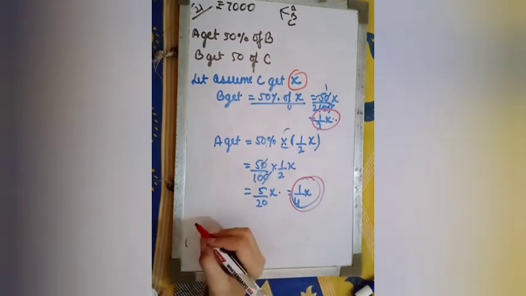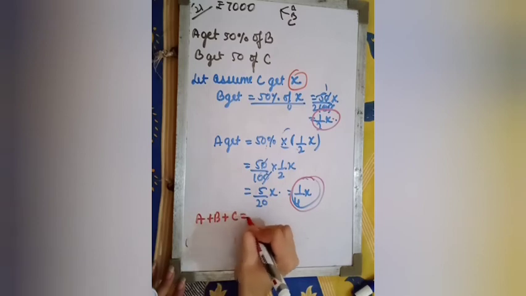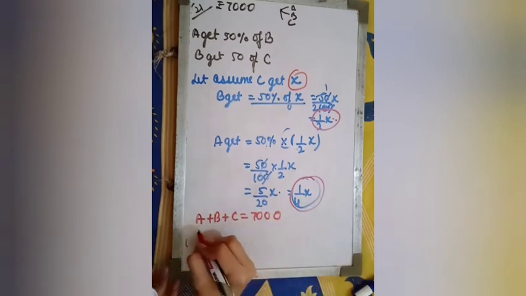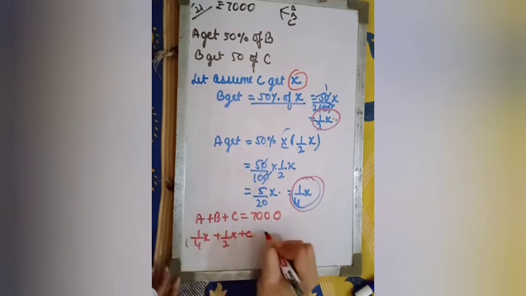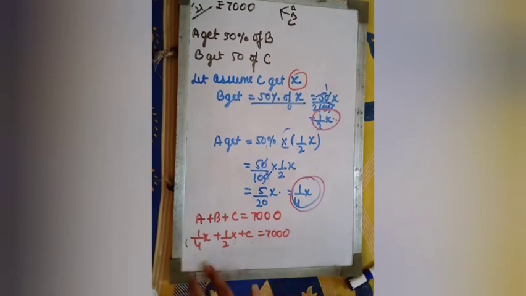Now we have to divide this 7,000 into them. So first find the value of this. See, a plus b plus c को जो भी मिलेगा वो equal to 7,000 होगा. Yes. So a get 1/4x, b get 1/2x plus c equals to 7,000. Now solve it. When you solve it, students, solve this yourself.